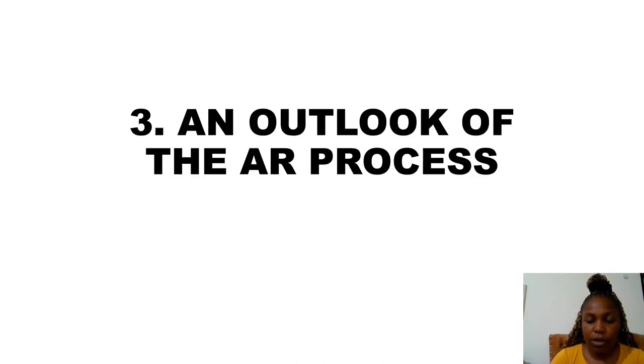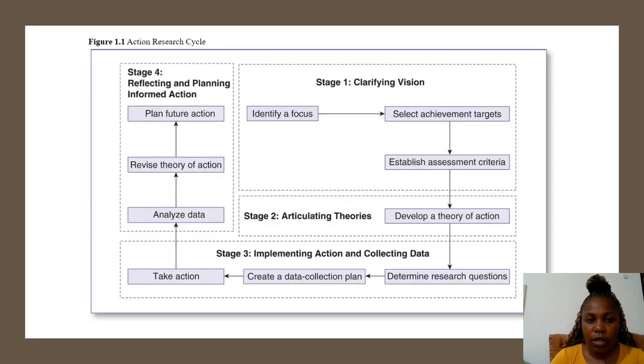So let's look at the outlook of the action research process. If you look at this image, you will see the cyclical nature of action research. You see it starts with stage 1. You clarify your vision by identifying a focus or a problem. Then you select your achievement targets. You establish an assessment criteria.